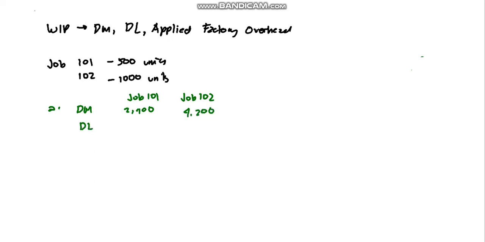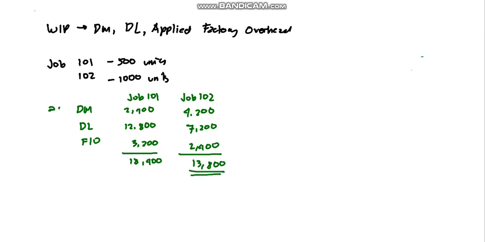Direct labor is 12,800 and 7,200, and factory overhead is 3,200 and 2,400. So that's 18,400 for job 101 and 13,800 for job 102.